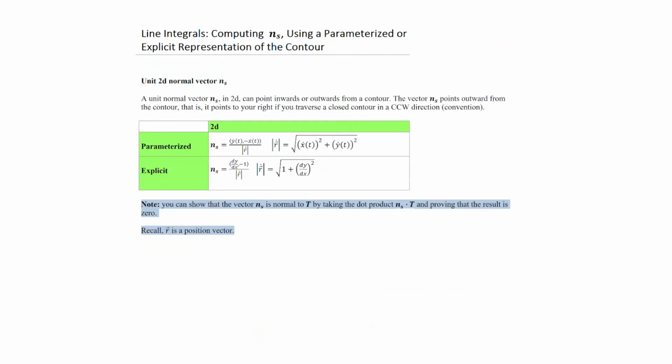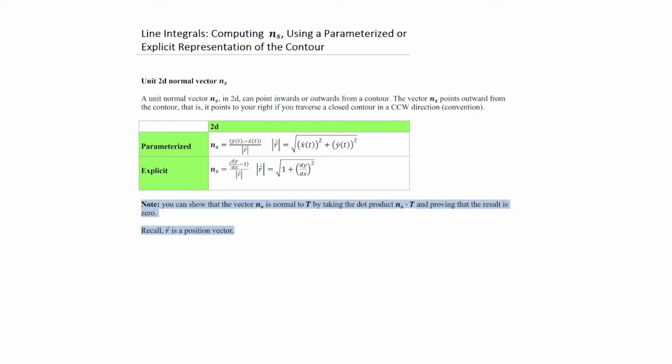Okay, so the next thing to do is look at ns. We've done t. We now want to determine what the unit vector normal to the contour is, using either the parametrized or explicit representation of the contour. So ns in this case would be the unit normal to the contour, and it can be pointing inwards or outwards. The vector ns points outward from the contour typically.